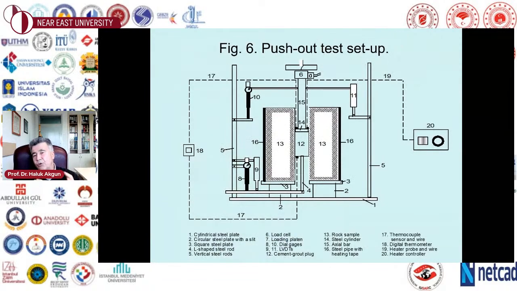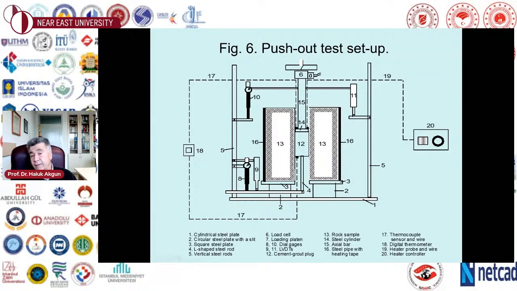So we cured the samples in an environmental chamber so that we could have degrees of saturation ranging from 20% to 80-85%. And also we could store the samples in these environmental chambers at temperatures varying from room ambient temperature all the way up to 90 degrees.